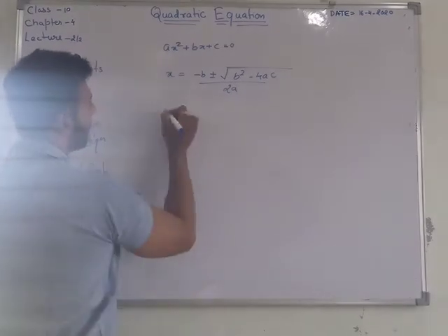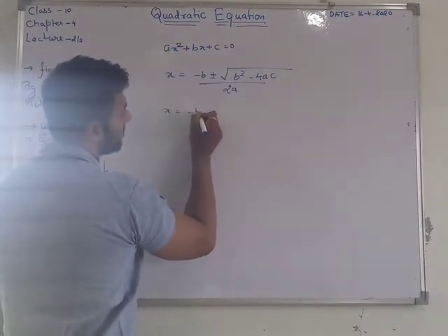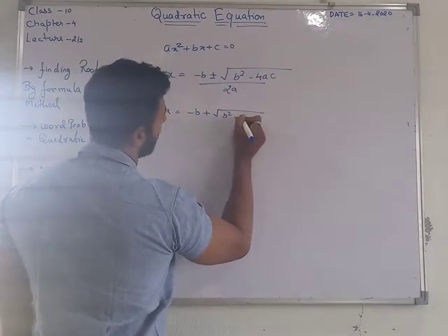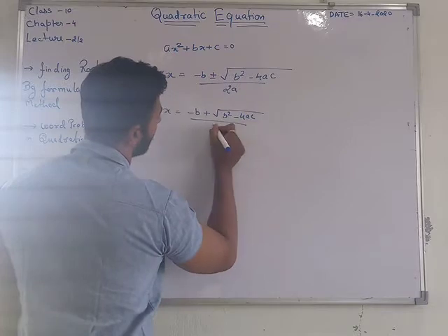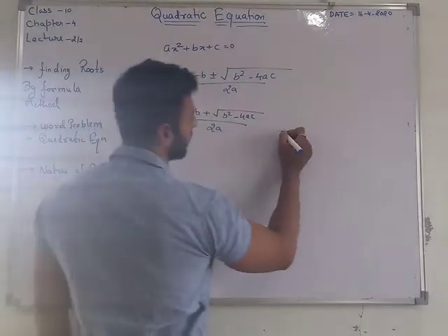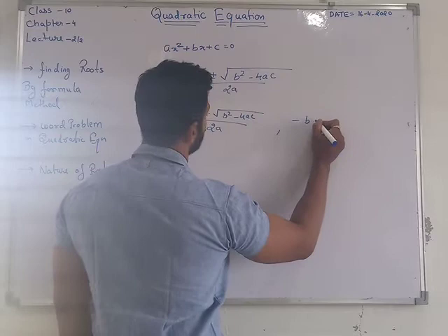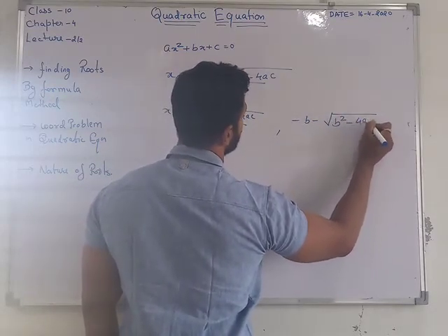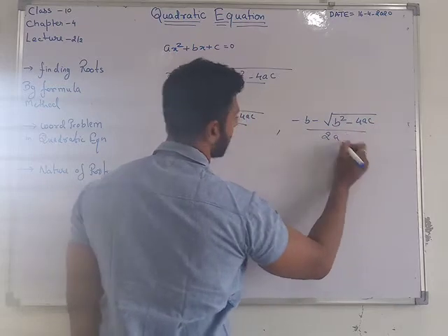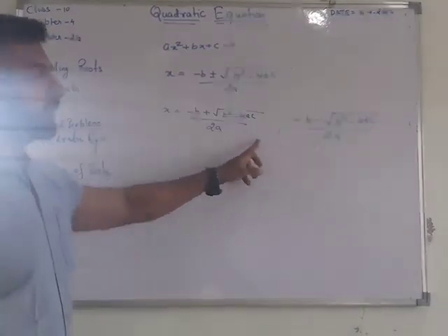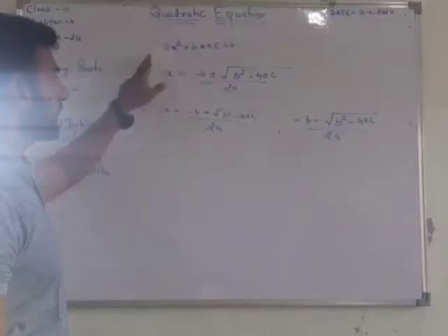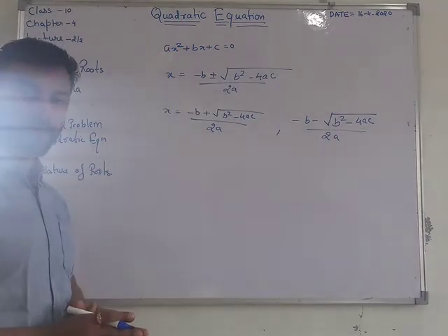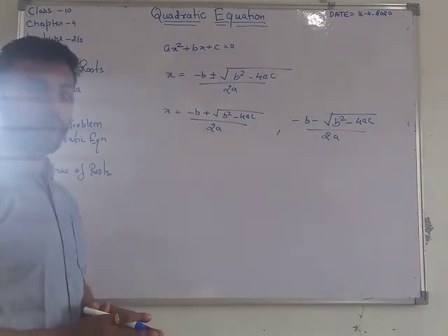Here the two roots will be: first, x is equal to minus b plus under root b square minus 4ac by twice a, and the second root will be minus b minus under root b square minus 4ac upon twice a. So these two will be the roots for the quadratic equation, given by minus b plus minus under root b square minus 4ac by twice of a.